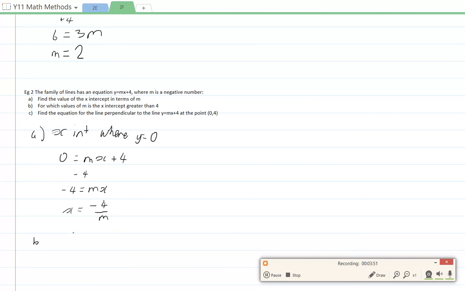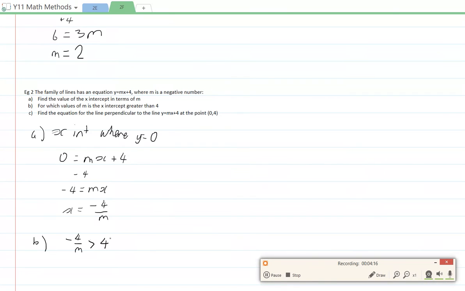So part B asks you, for which values of m is the x-intercept greater than 4? Okay, so we know that the x-intercept from our previous question is negative 4 over m. And we want to know for what values of m is this x-intercept greater than 4.